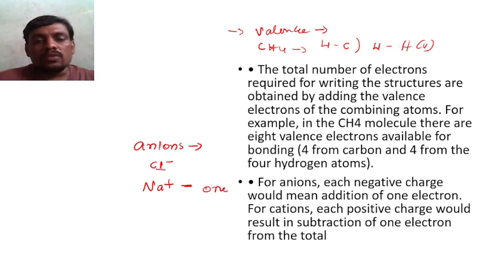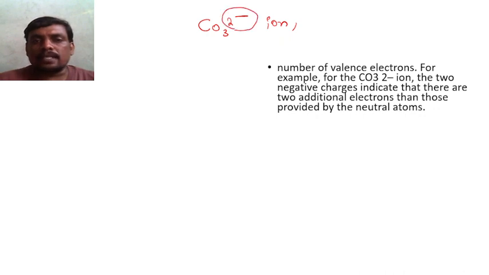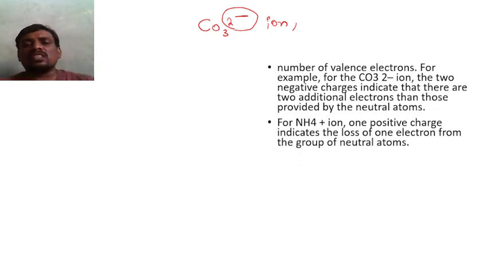So chlorine receives 1 electron during anion formation, while for positive ions, a positive charge results in the subtraction, which means removal, of 1 electron from the total number of valence electrons. For example, one more example I am taking: the CO3 2 minus ion. The two negative charges here indicate that there are two additional electrons than those provided by the neutral atoms.